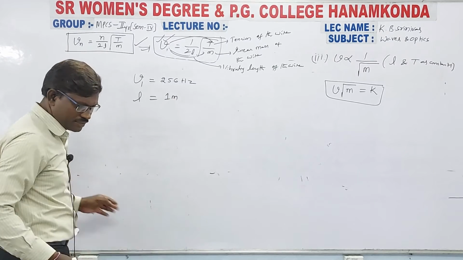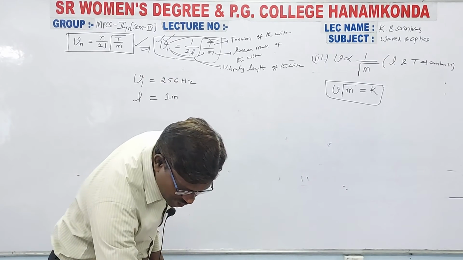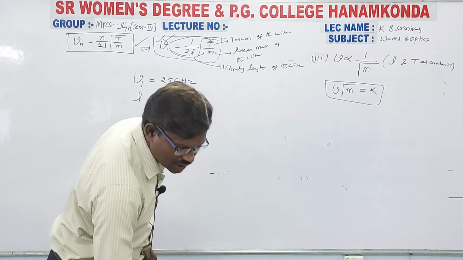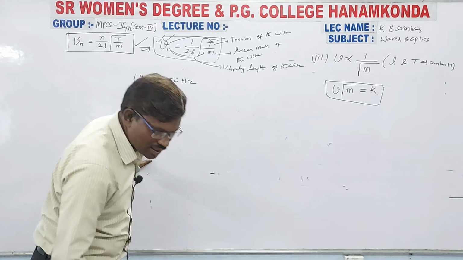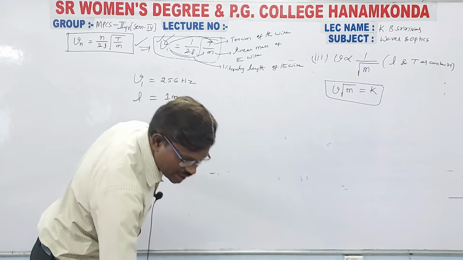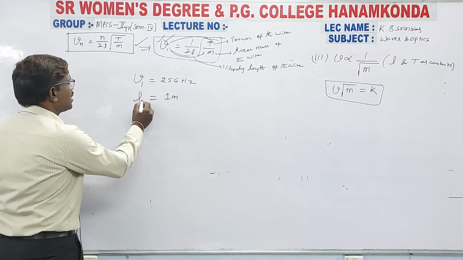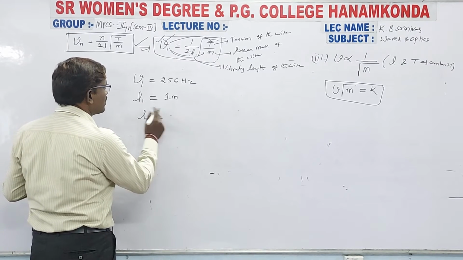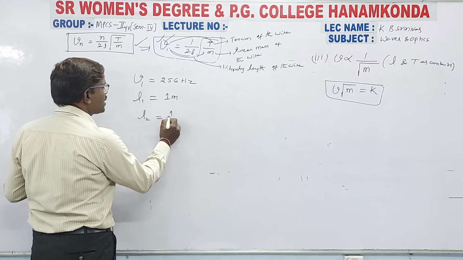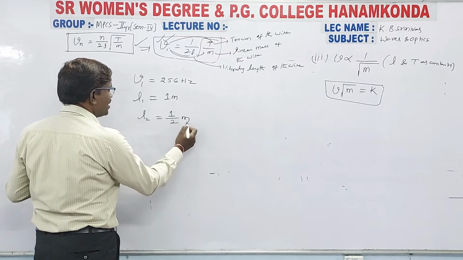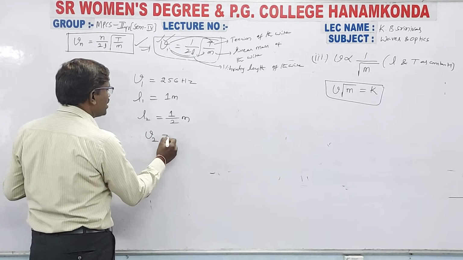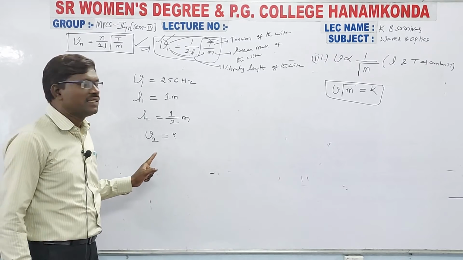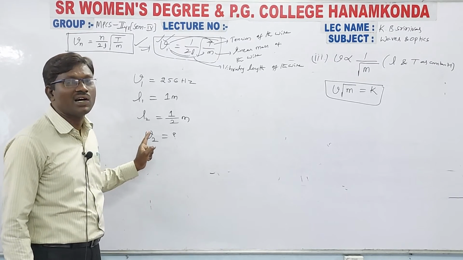The question is, find the frequency of the same string of half of the original length under identical conditions. The original length is 1 meter. When the second length is half a meter, definitely the frequency of the wire will be affected. So, they are asking what is the frequency when the length of the string becomes half.